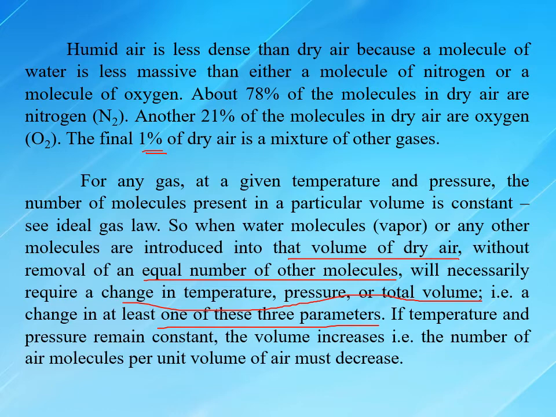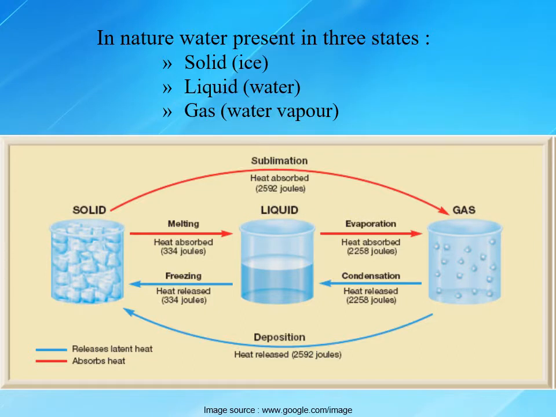Now in nature, as we already came to know, water is present in three states, that is solid, liquid and gas. That is ice, liquid water and water vapor. And they can change their state from one form to another: from liquid to solid, from liquid to gas, from gas to liquid, from solid to liquid.